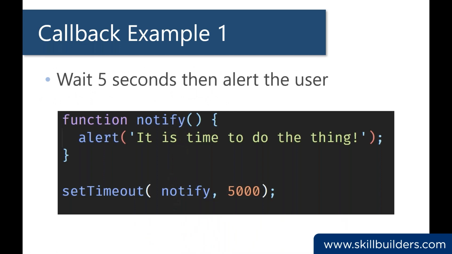So let's take a look at one of the first ways in which we can use a callback. You can see that in this example, we have a notify function, and it will perform an alert that says it is time to do the thing, whatever the thing is. And we are going to use a built-in construct called setTimeout, and we're going to say, go ahead and use my notify function that I just created, and call it in about 5 seconds.